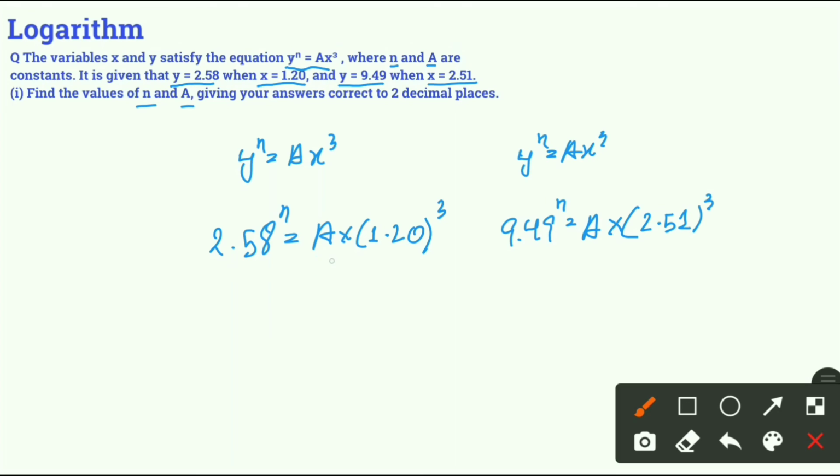Now if we substitute this, since a is a constant, so 2.58 of power n upon 1.20 of power 3 is equals to 9.49 of power n upon 2.51 of power 3.